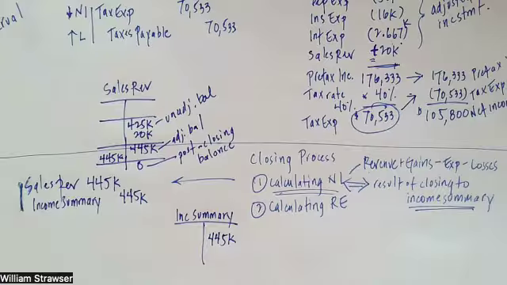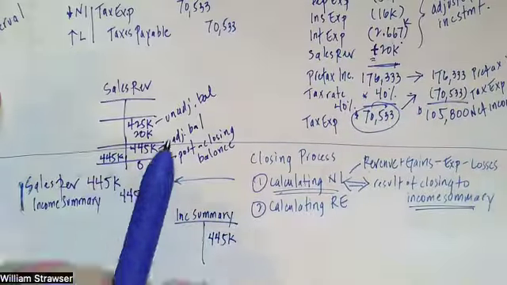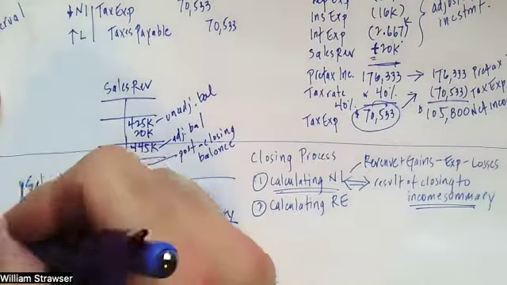But there are other items that will not go through net income and still affect retained earnings, i.e., dividends. There are others in more advanced accounting, but dividends is the simple example.